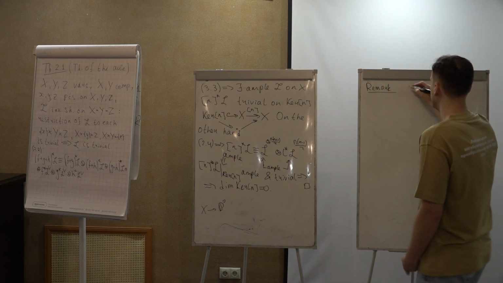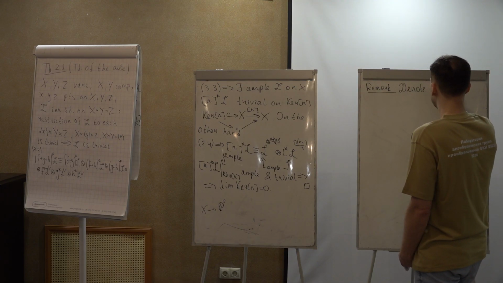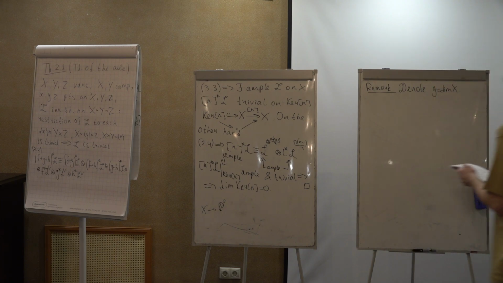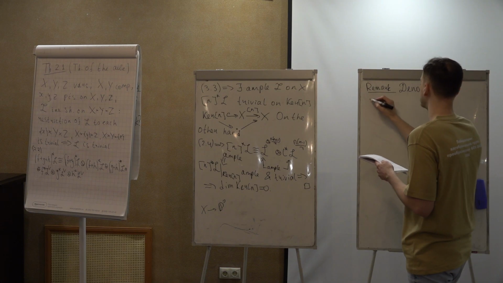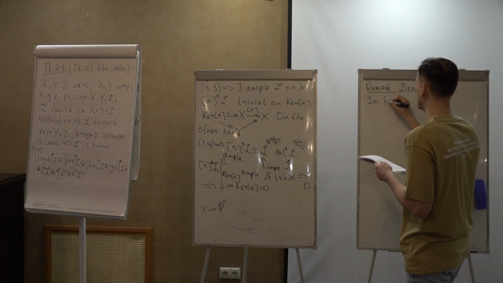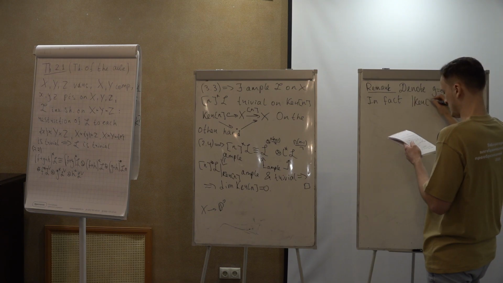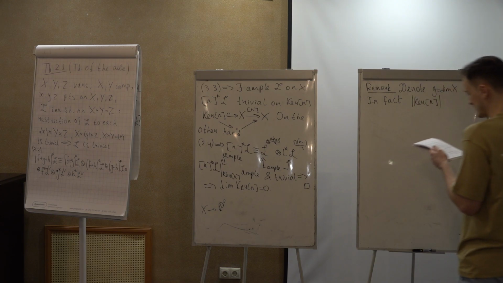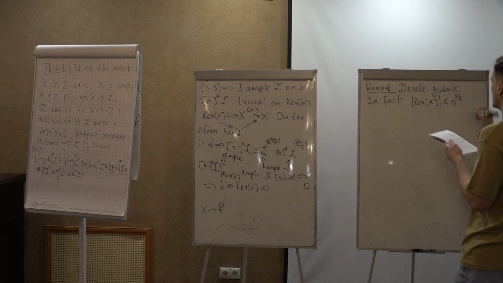So denote g equals dim X. And it can be proved that in general, this kernel has no more than n to the power of 2g elements.